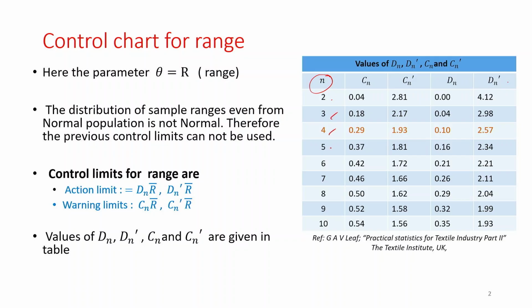2, 3, 4, 5, 6, 7, 8, 9, 10. So these are the different values of n. That is how many specimens I am taking from a particular bobbin and then testing for strength. So that is what is small n. Or how many readings I am taking at a given time from the process.